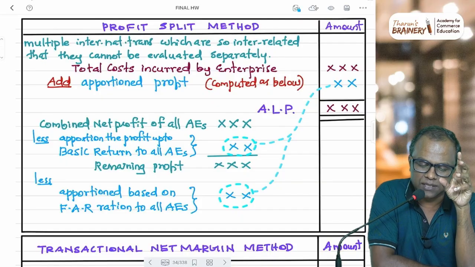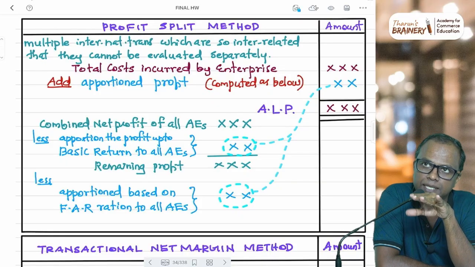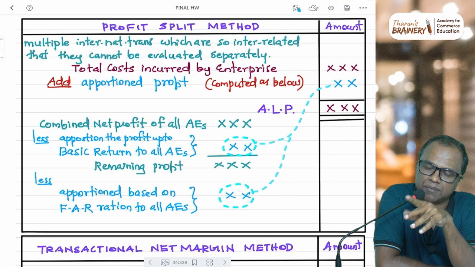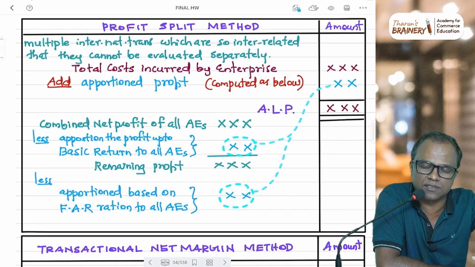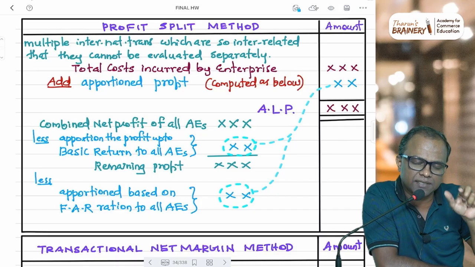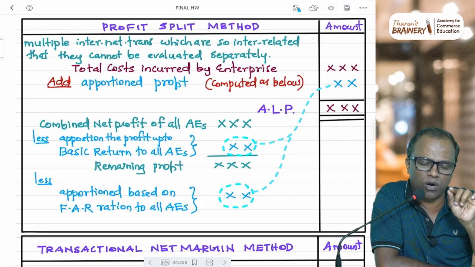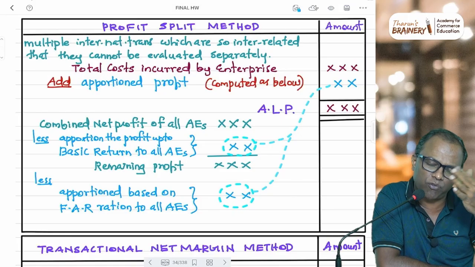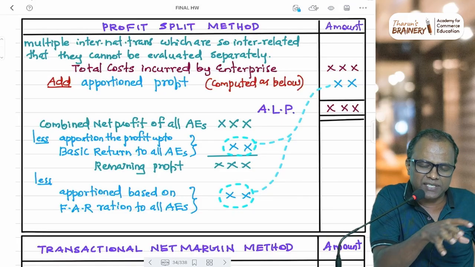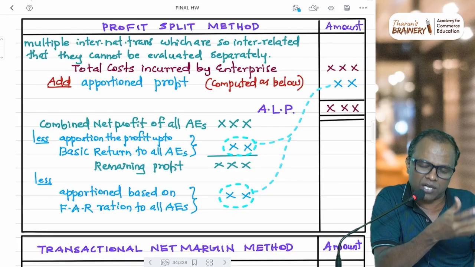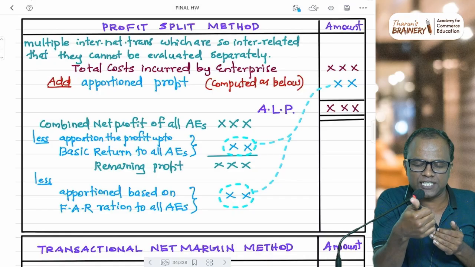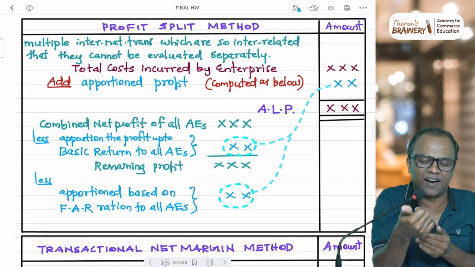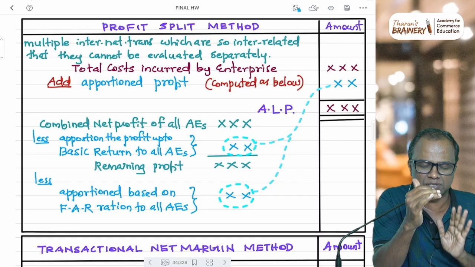This profit split method is applicable only when multiple associated enterprises located in different countries are coming together to provide a big work. In that case, this method is suitable. So there is not 1, 2 AE, maybe 3 or 4 or 5 AE, and all of these AEs are contributing to a common work and they are billing their share. So the question is whether the share they billed is adequate, whether it is at arm's length.